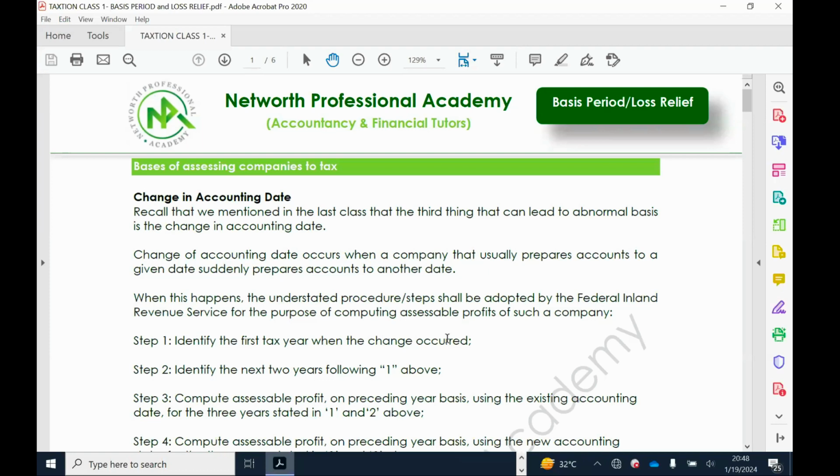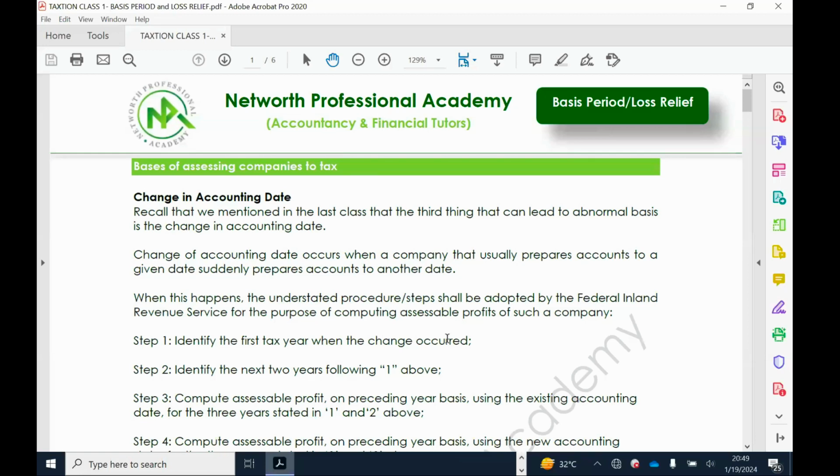But because of the regulatory requirement from CBN, they have to align. So all of them have to change their accounting dates, for instance, some of them from 30 September to 31st December. At least I think they gave them a period of 6 months or thereabout for compliance. So that is an example.